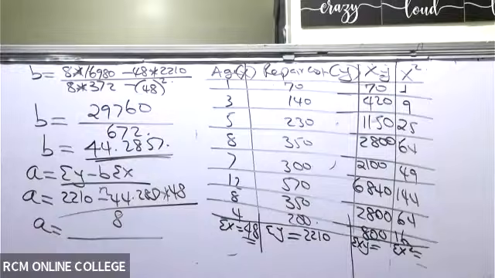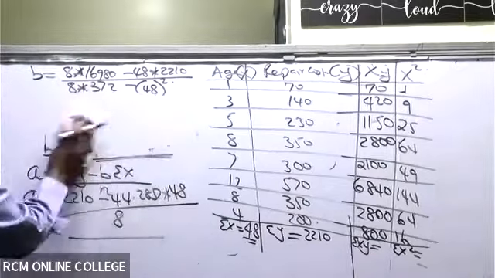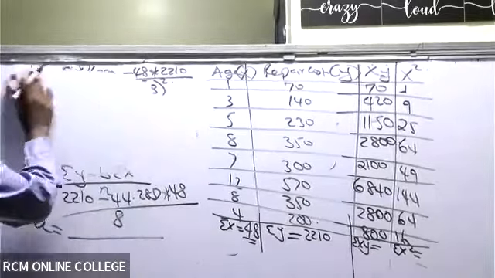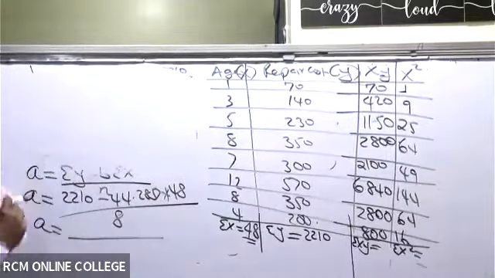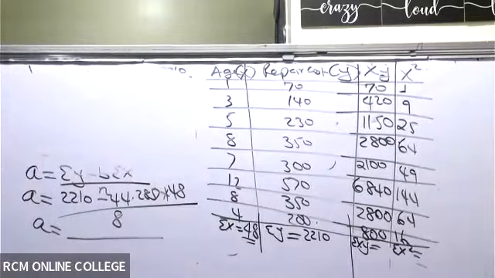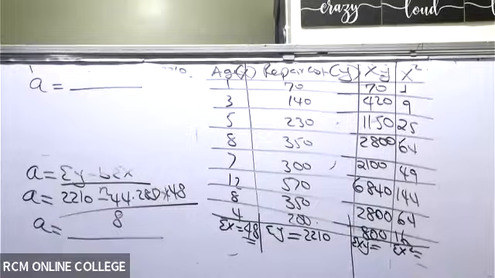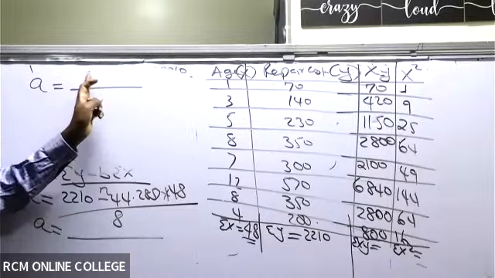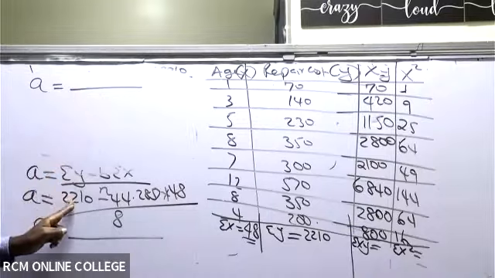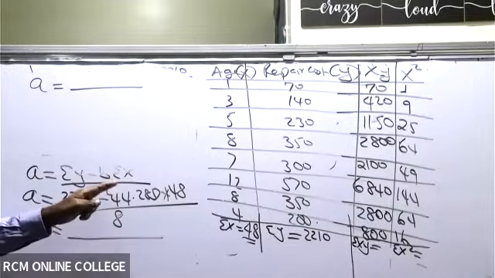So is there somebody who is able to give me the numerator for getting the value of A? To get the numerator, we are taking 2210 minus 44.2857 times 48.